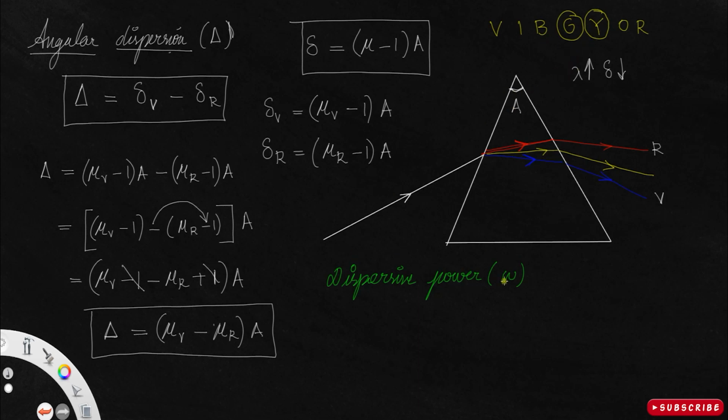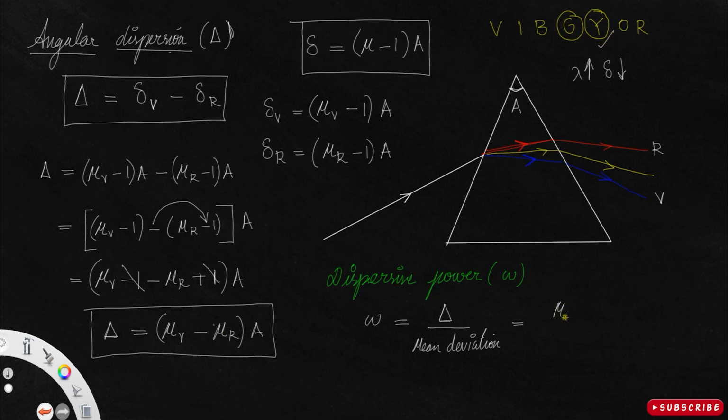Okay. So dispersive power is, by definition, omega equal to the angular dispersion by the mean deviation. Mean deviation actually means the deviation for the mean color. Here it is yellow. Okay.